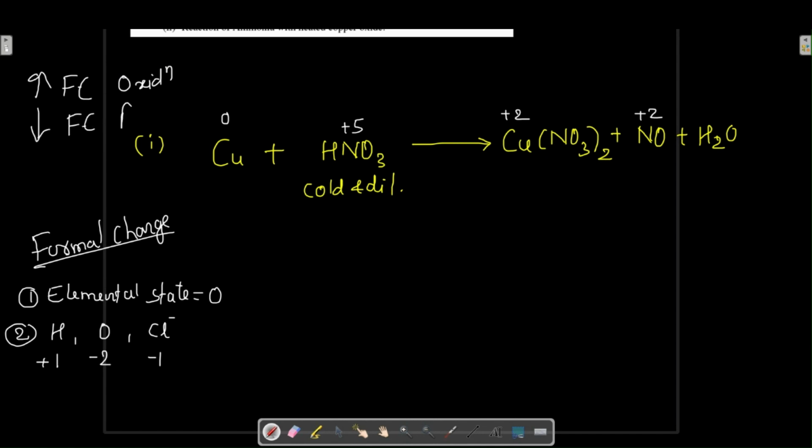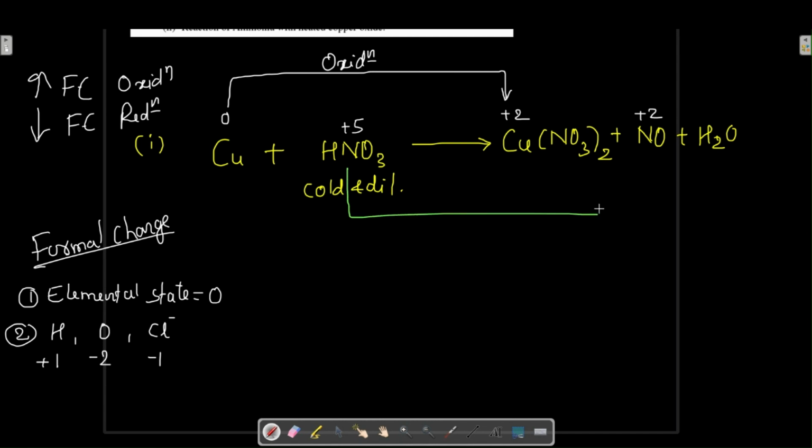Decrease in formal charge is reduction. Come to copper, 0 to plus 2, then it is oxidation, increase in the charge. Nitrogen, plus 5 to plus 2, decreasing, so this is reduction. This other nitrogen we will not consider.